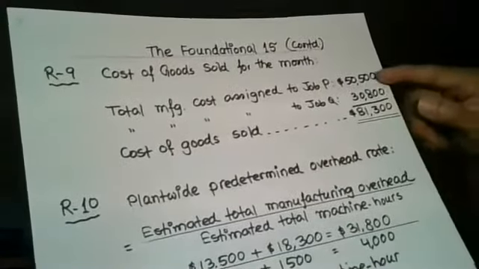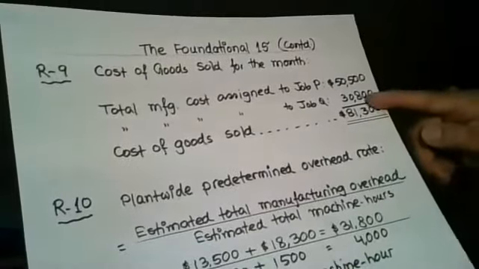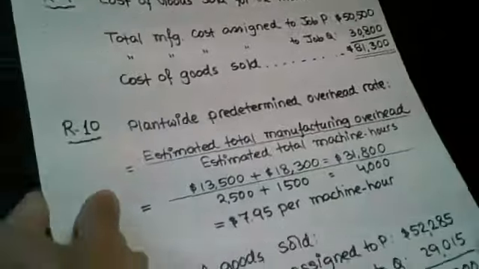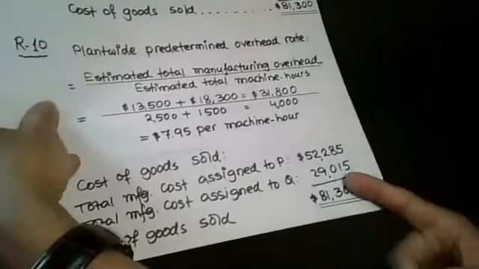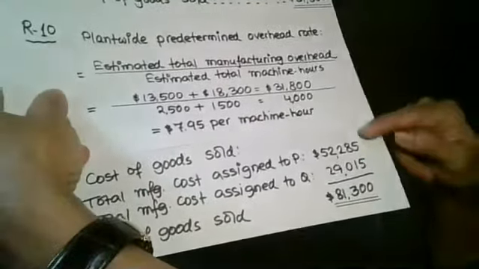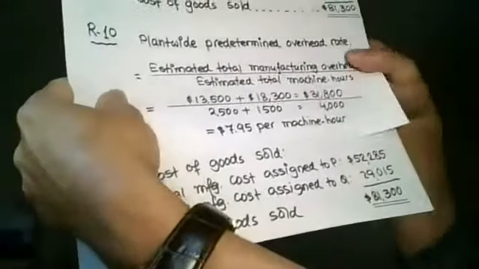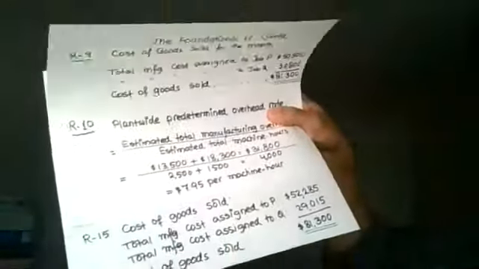So total manufacturing cost of P was 50,500 and Q 30,800. The two together was 81,300. But here the total manufacturing cost has changed. 50,000 became 52,000, 30,000 became 29,000. But the total is still $81,300, cost of goods sold under the two requirements.